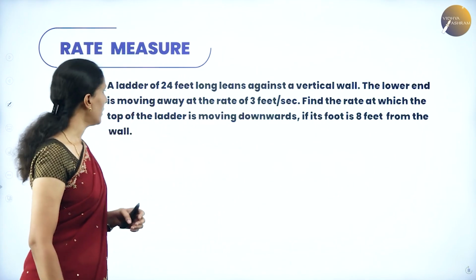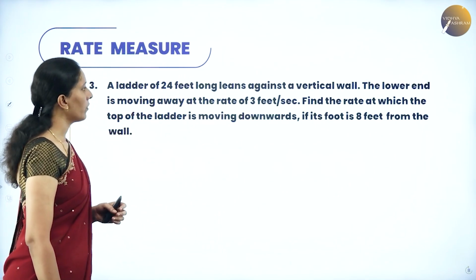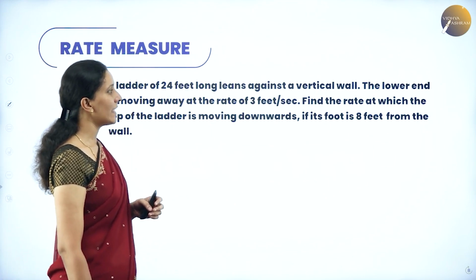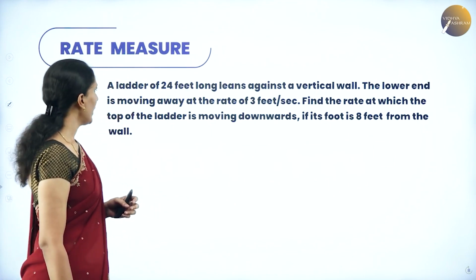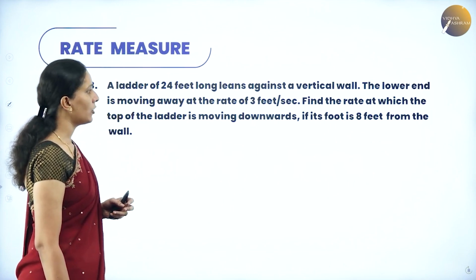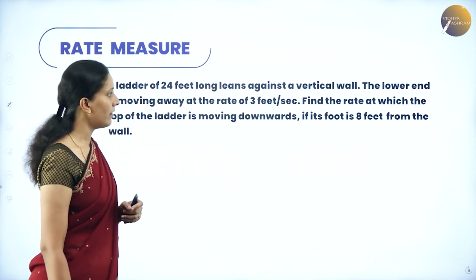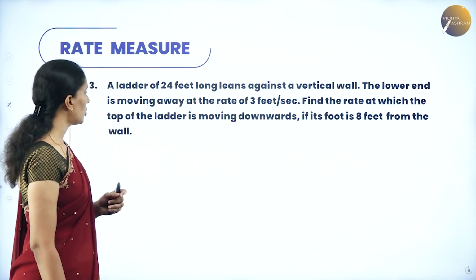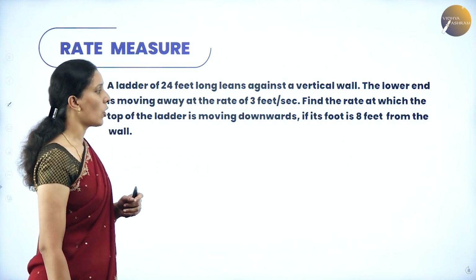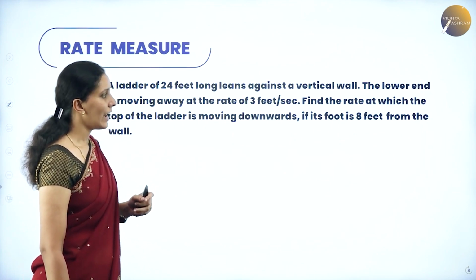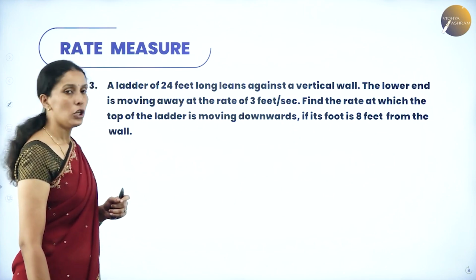Next question we have here. A ladder of 24 feet long leans against a vertical wall. The lower end is moving away at the rate of 3 feet per second. Find the rate at which the top of the ladder is moving downwards if its foot is 8 feet from the wall.